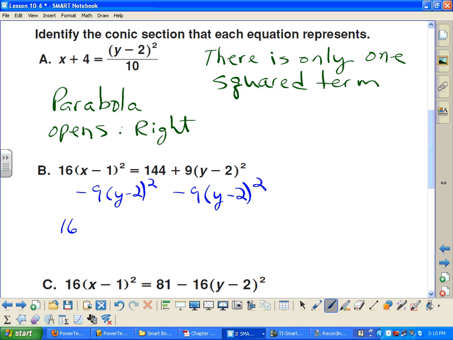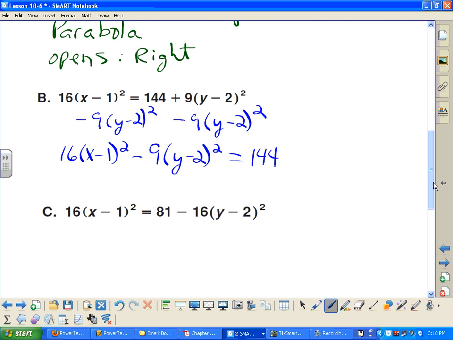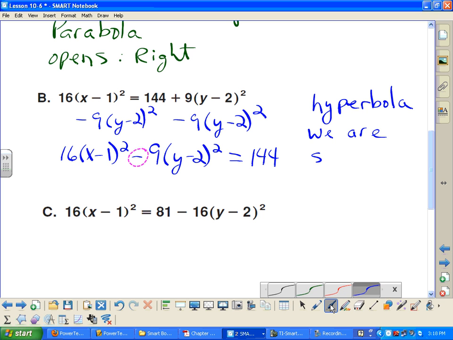So we're going to subtract 9 times (y minus 2) quantity squared. So we get 16 times (x minus 1) quantity squared, minus 9 times (y minus 2) quantity squared, equals 144. And I already know then that this is going to be a hyperbola because we are subtracting x squared and y squared.